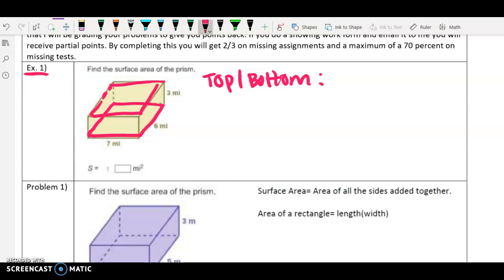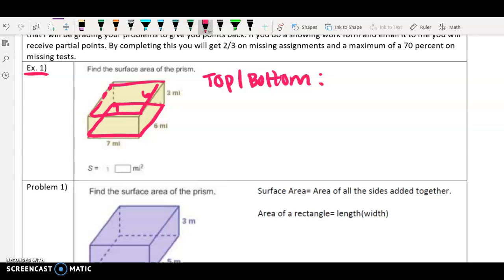They'll have the exact same units. If it's 6 down here, it's a 6 up here. If it's a 7 down here, it's a 7 up here. So I think of it as top and bottom, and that way I only actually have to do 3 problems and then add them together. So I'm not having to find the area of each side, I'm having to find the area of 3, and then I just multiply by 2 because there are 2 sides that match.